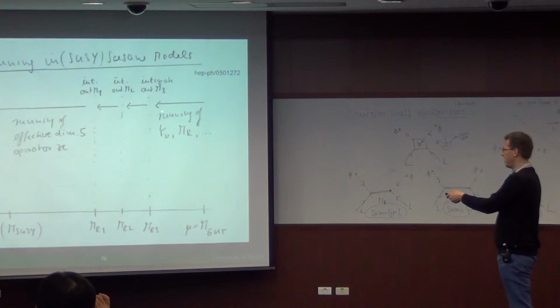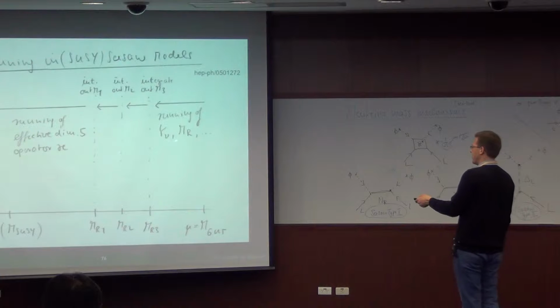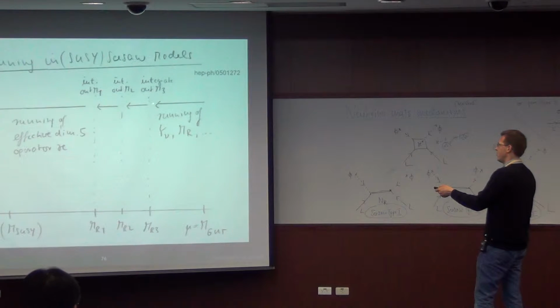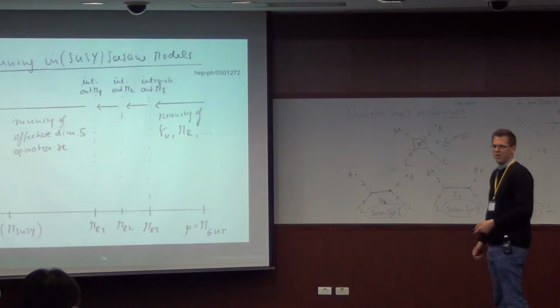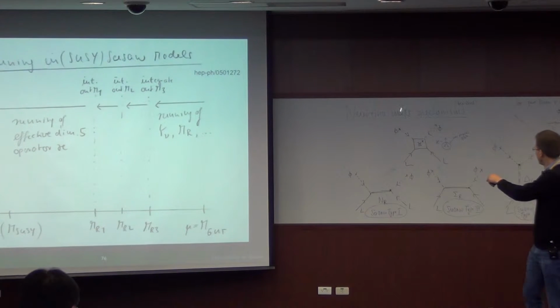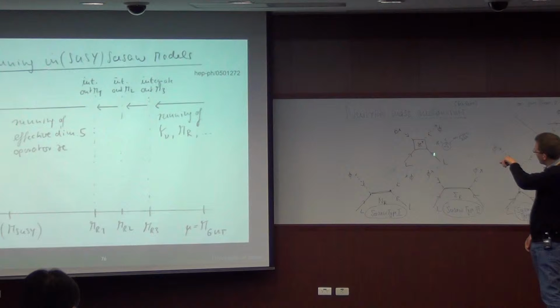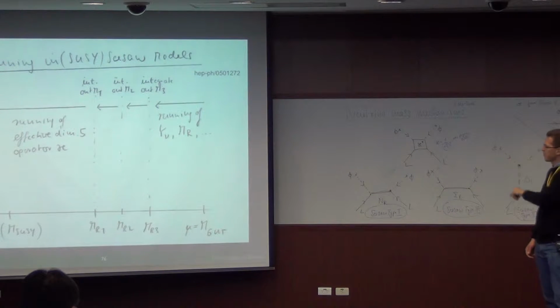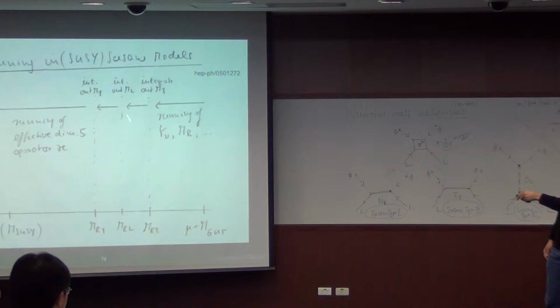You continue running in this theory with the reduced Yukawa matrix and a 2 by 2 right-handed neutrino mass matrix, and you're already generating a contribution to an effective dimension 5 neutrino mass operator. So in addition, you also have to compute the running of this dimension 5 operator. The same thing you do at this threshold and at this threshold. Then just below here, you only have to calculate the running of this dimension 5 neutrino mass operator.